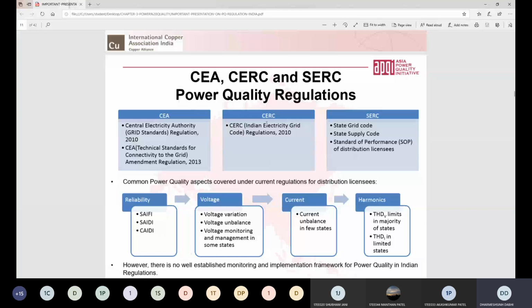Then the second utility is CERC. Its role is to make the terms and standards for tariffs, to determine the rules for sharing of interstate transmission charges and losses, as well as to make the Electricity Act or standards. As you know, the Electricity Act 2003 was made by CERC, which is also under the Government of India.